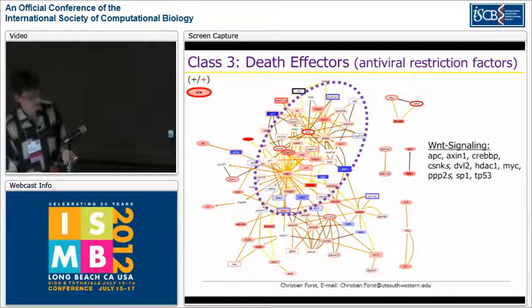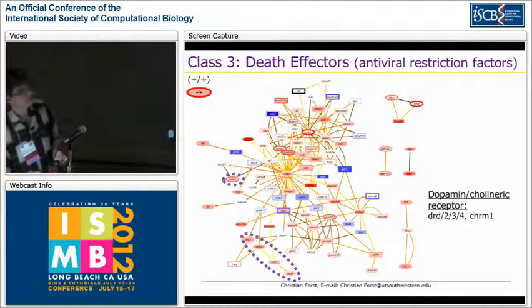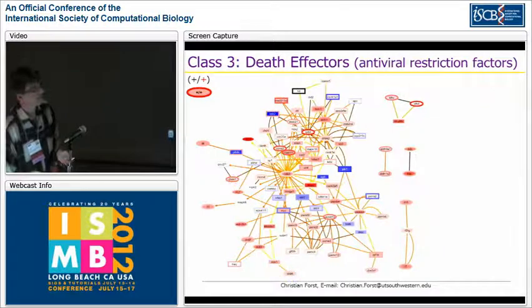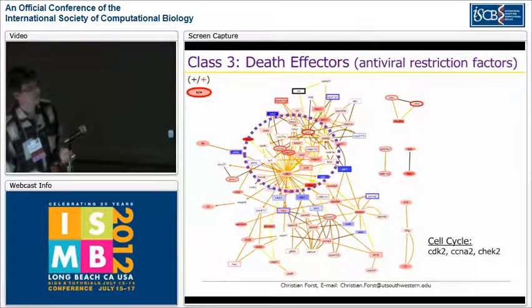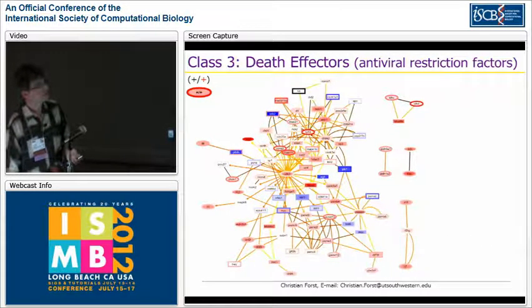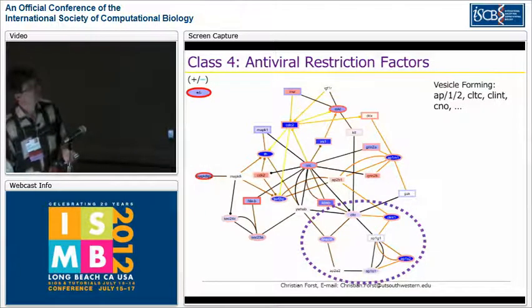We haven't done any experimental verification studies in this respect yet. And then we also have some other receptors, which still have to be understood. And again, part of the cell cycle, which functions apparently in both ways in virus replication. And in the fourth class, there are just some basic reformers and not so much that we could identify as important in this sense.